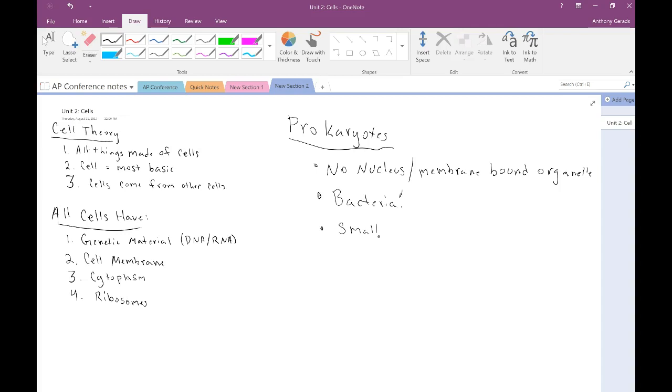And then finally, bacteria have a cell wall. If it is not round, it's going to have a cell wall.